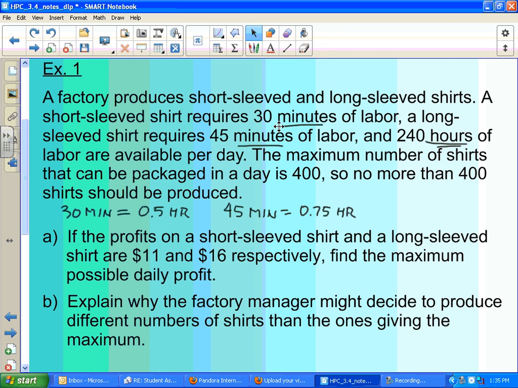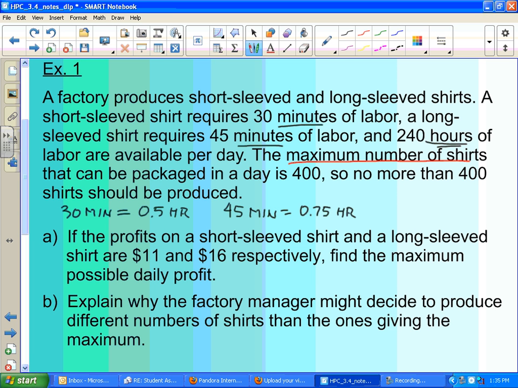And then we have some other information given to us. We talk about the maximum number of shirts. So there's going to be another constraint. There's my quantity of items. No more than 400, which means I can produce a maximum of 400 shirts in a day.